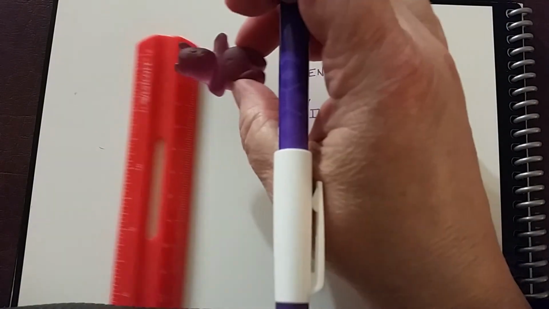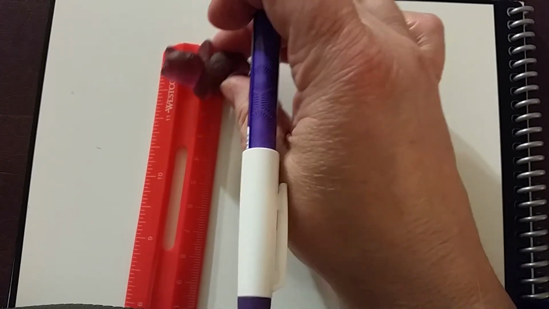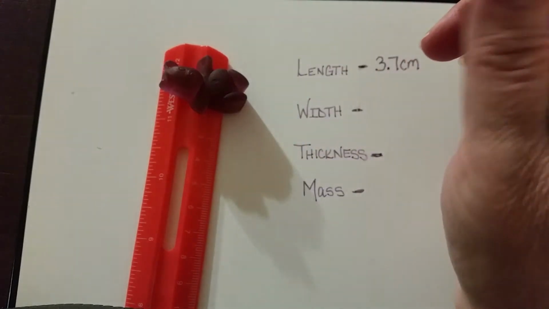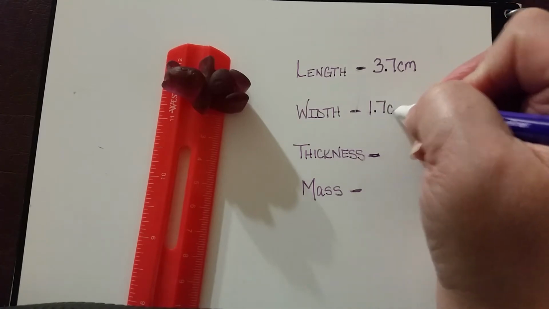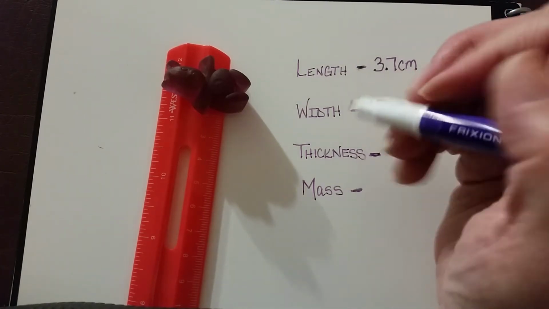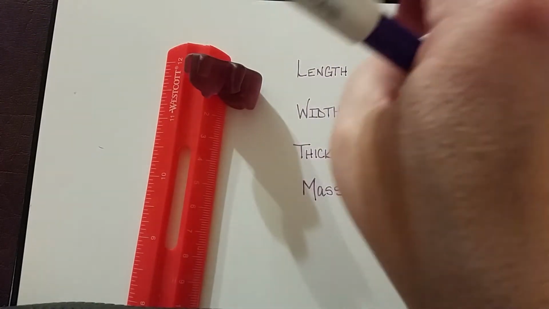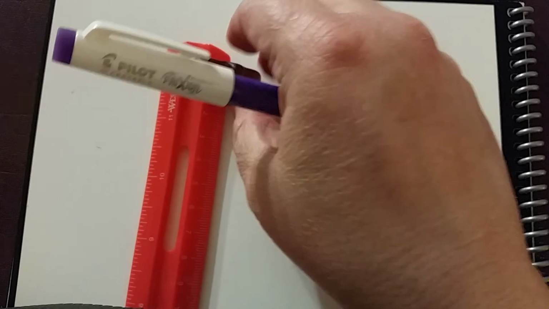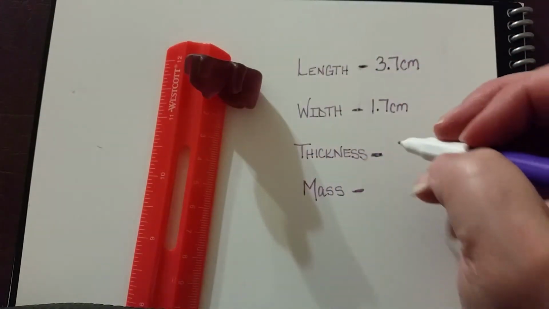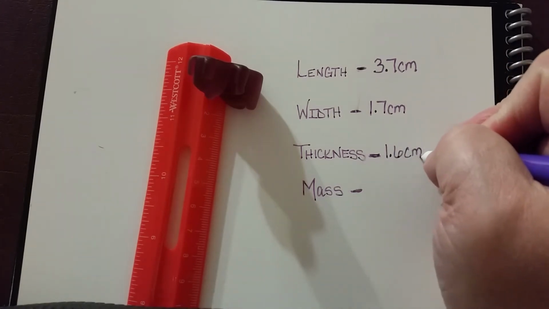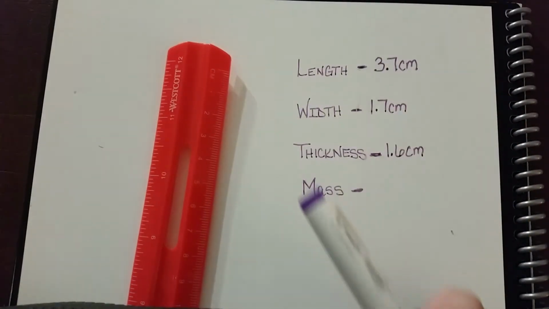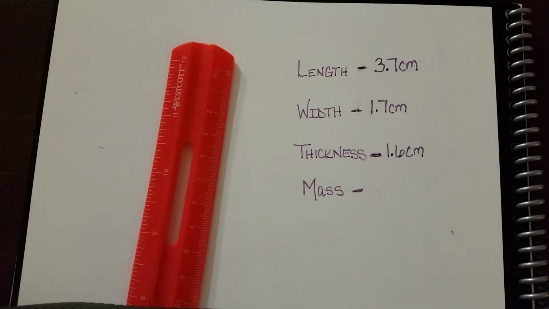His width, if we measure him at the widest point, our bear is 1.7 centimeters wide. If we measure him at his thickest point, our little bear is 1.6 centimeters thick. Now we're going to get his mass in a minute. We'll come back to his mass.